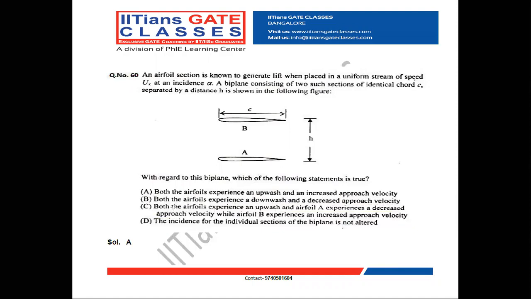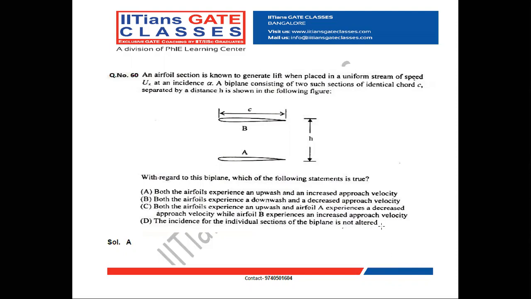Option C, both the airfoils experience an upwash, and airfoil A experiences decreased approach velocity while airfoil B experiences increased approach velocity. Option D, the incidence for the individual sections of the biplane is not altered.